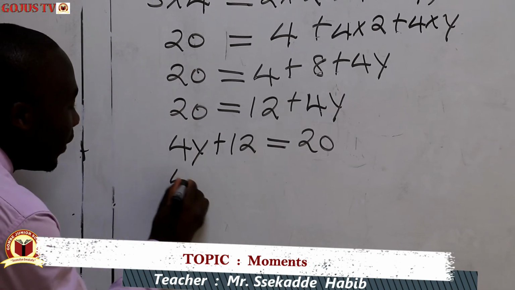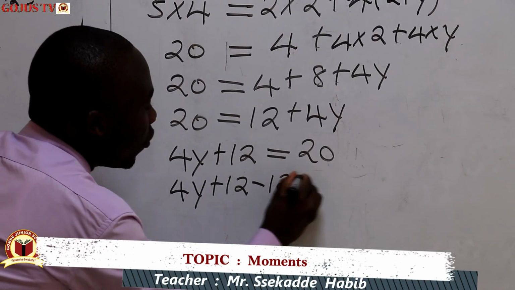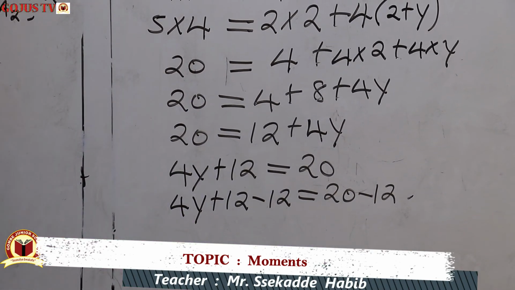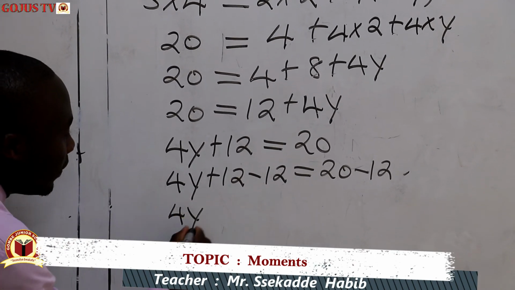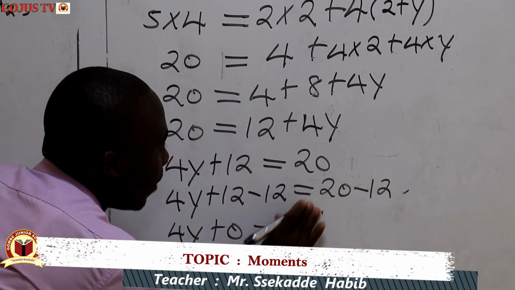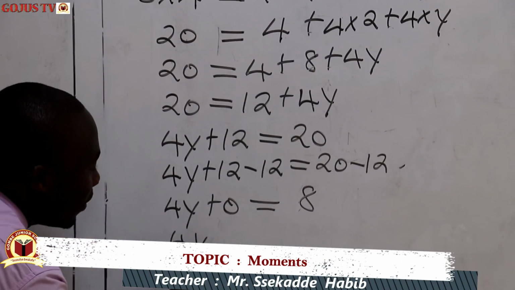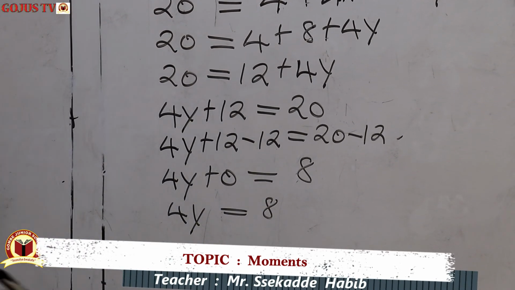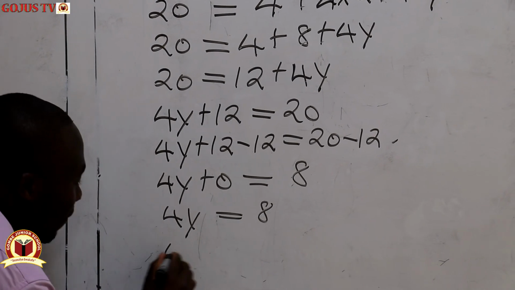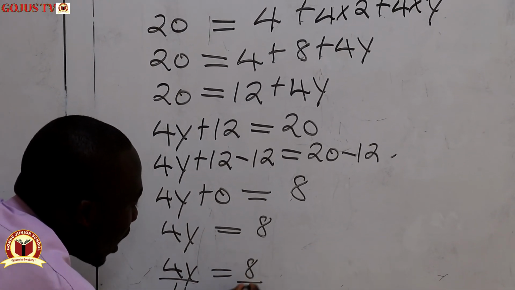So 4y plus 12 minus 12 will be equal to 20 minus 12. We shall say 4y plus 0 will be equal to 8. Therefore, 4y is equal to 8. In our next step, we can divide by 4 both sides and say 4y out of 4 is equal to 8 out of 4.